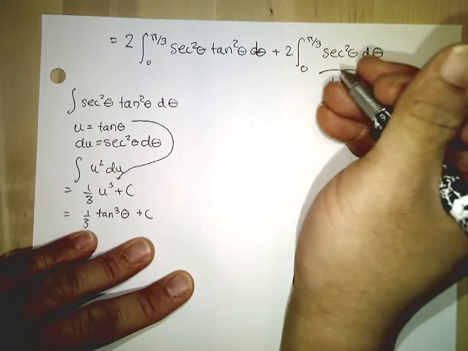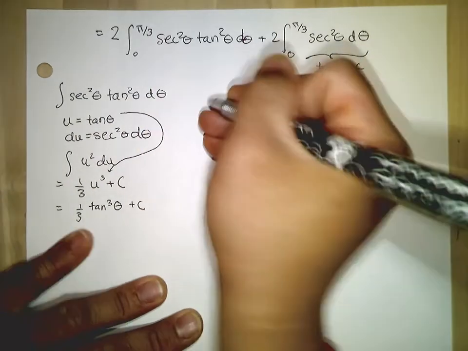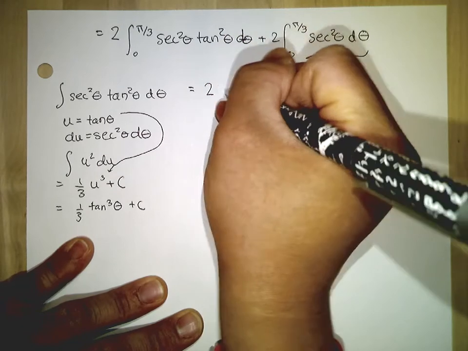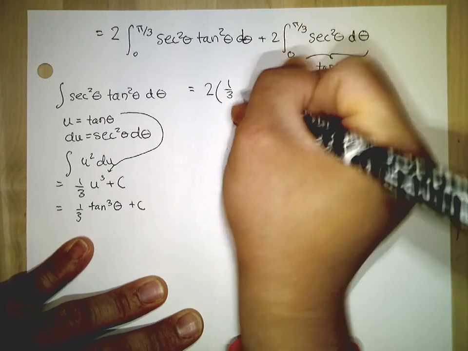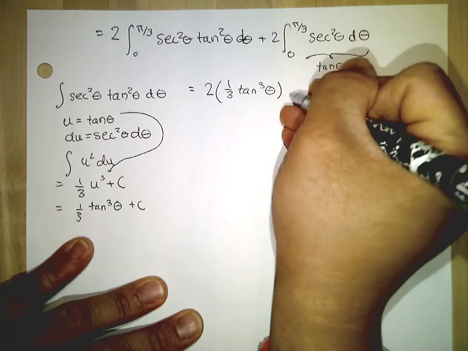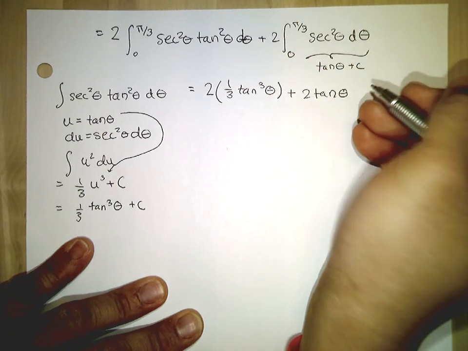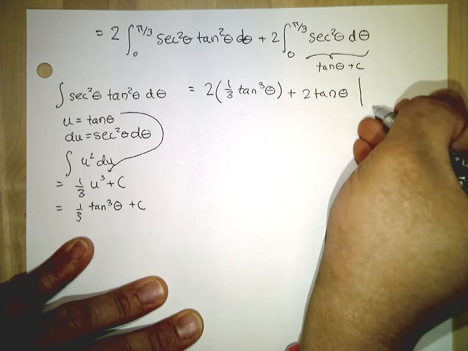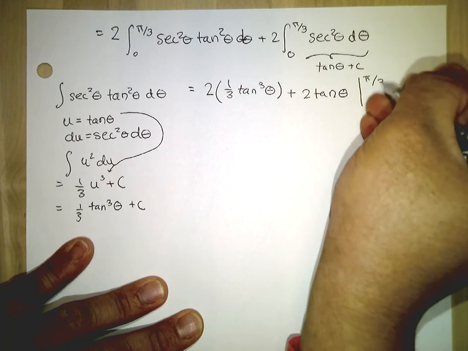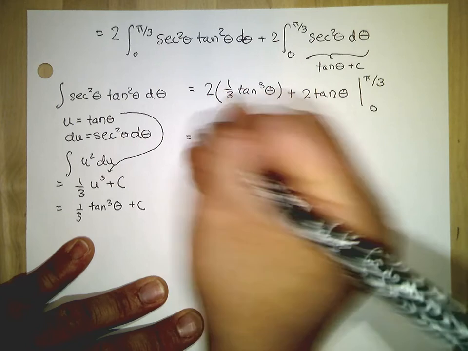Now let's go back to our definite integrals up here. So we have 2 times a third tangent to the third theta plus 2 tangent of theta, all evaluated from 0 to pi over 3. All right, so let's see what we have here.